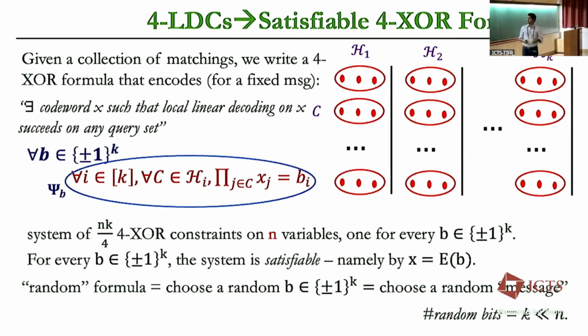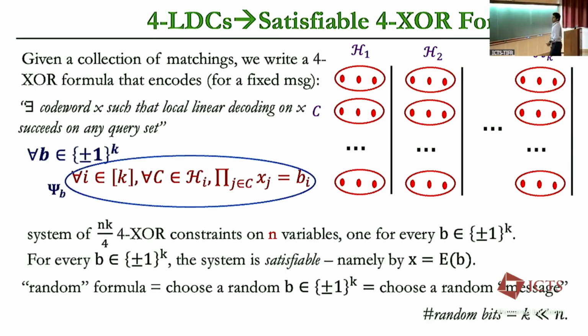Okay, so now we have a very natural definition of a random formula. A random formula is: pick one at random from this family, which is the same as picking B at random, right? So take a random B, look at psi B and try to prove it's unsatisfiable. We'll prove that if k is too large, it is unsatisfiable. Therefore, k must be smaller compared to n, or n must be large compared to k. That's our strategy.